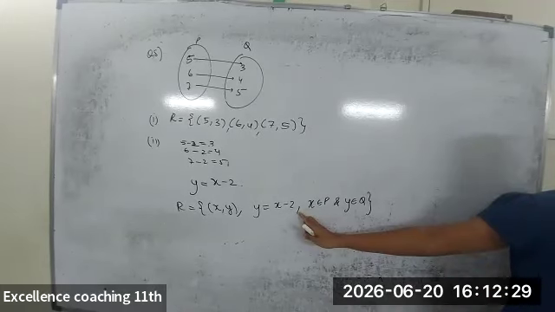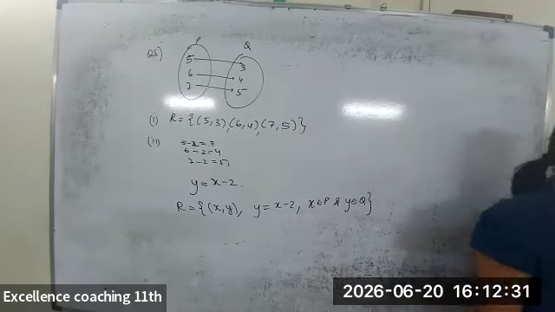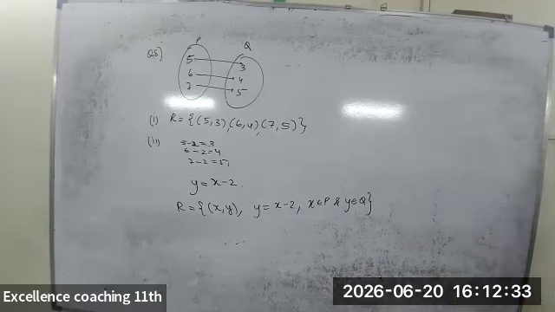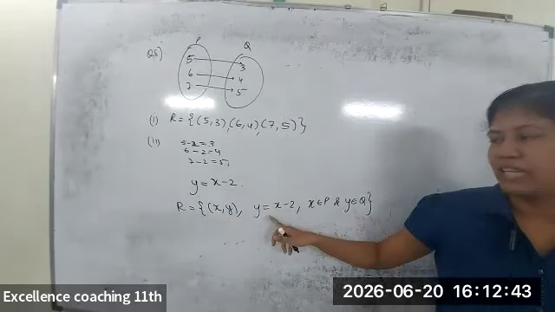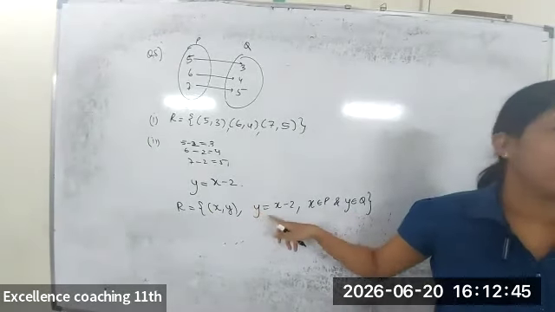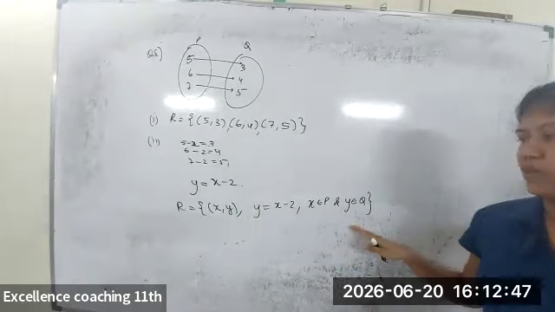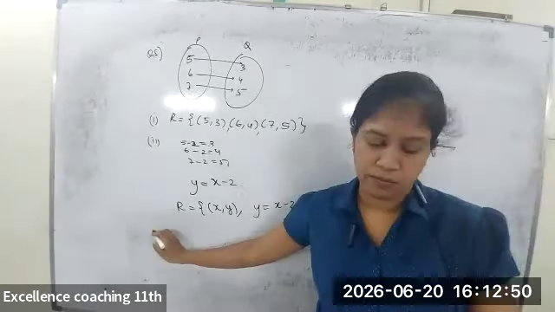If you want to put comma or 'and', that is okay. You could write small p and q also if you wanted, but here it would look confusing to write in terms of q. Write in terms of x and y. So this is called a set builder form.